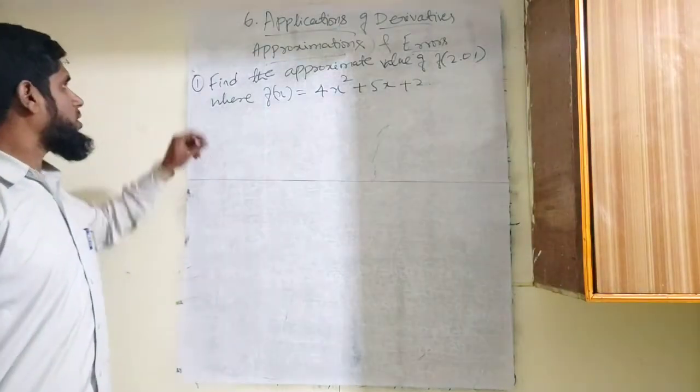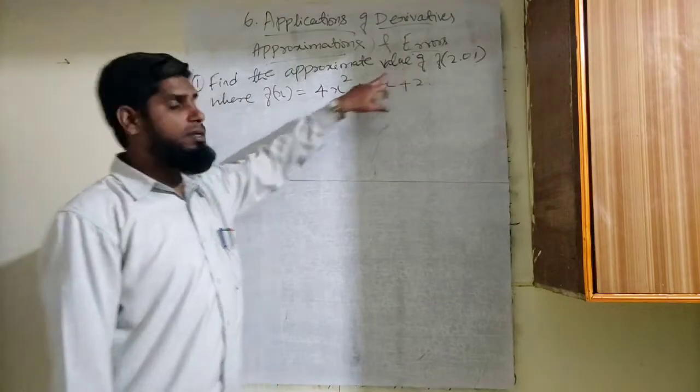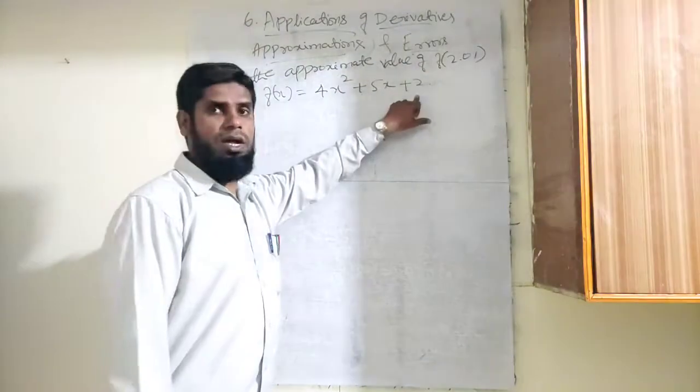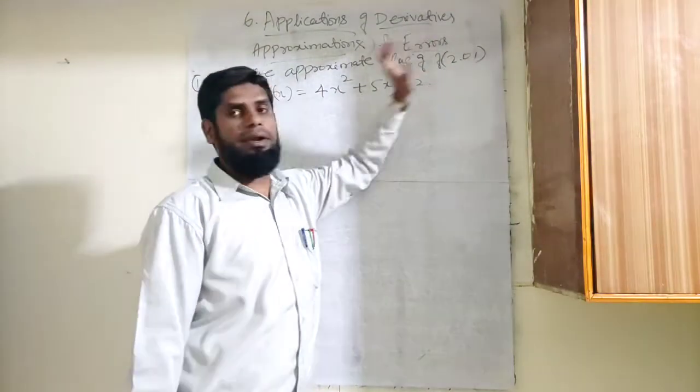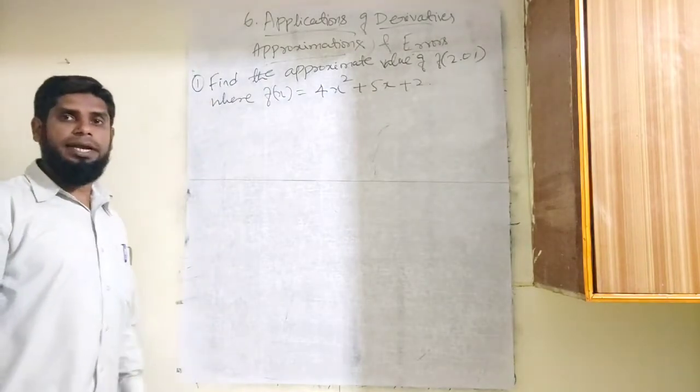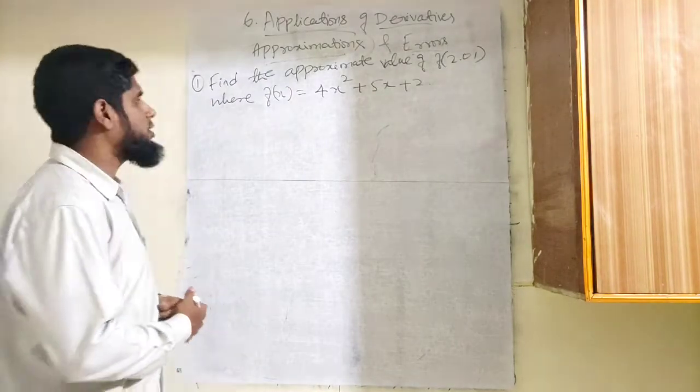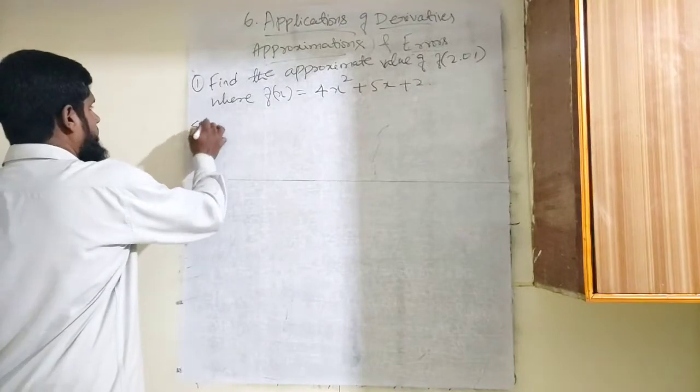The student is asking us to find the approximate value of this function at x is equal to 2.01. This is the second kind of approximation, but the formula remains the same.